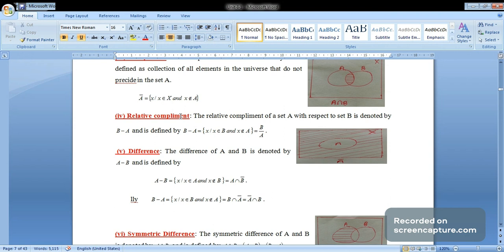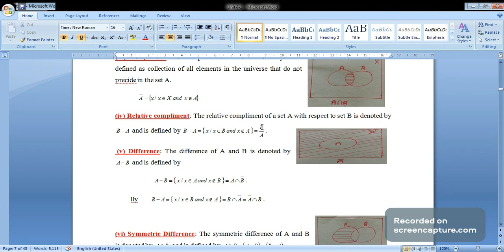Next one is relative complement. The relative complement of set A with respect to set B is denoted by B minus A and is defined by B minus A equal to {x such that x belongs to B and x does not belong to A}.